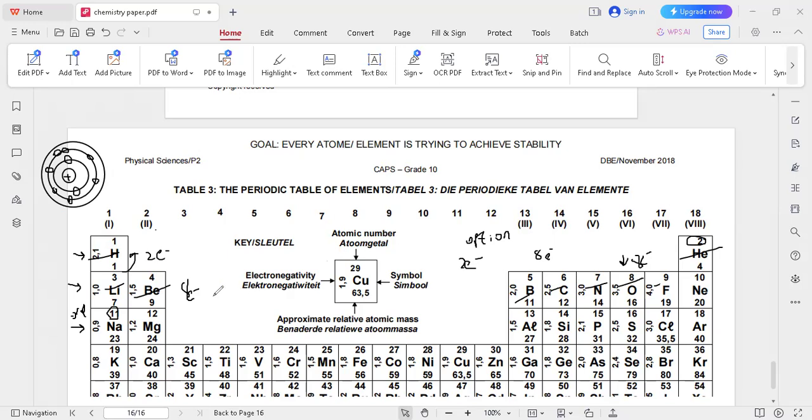After 7, it has 1, 2, 3, 4, 5, 6, 7 electrons. It has 4 more electrons, so it's going to go ahead and put it here. Okay, the remaining 4 electrons, which is 7 electrons.